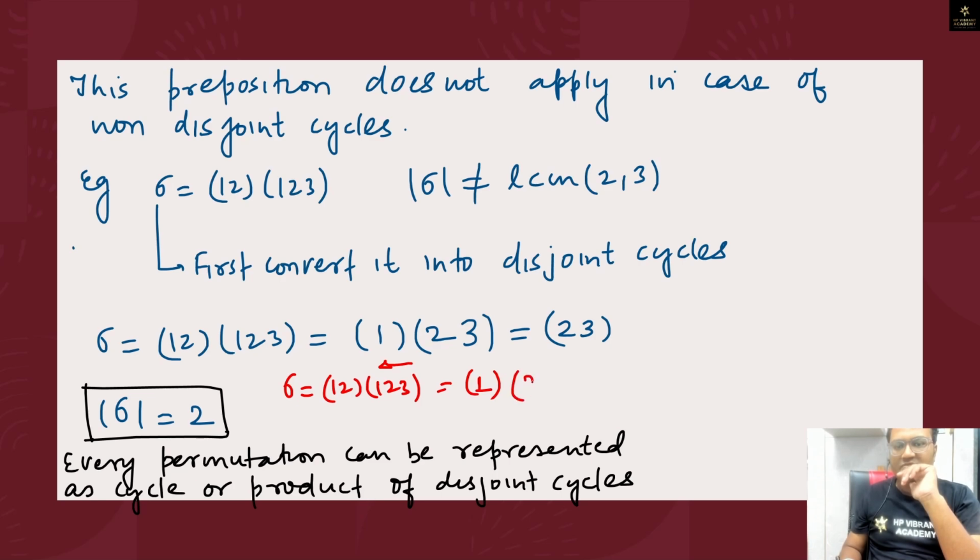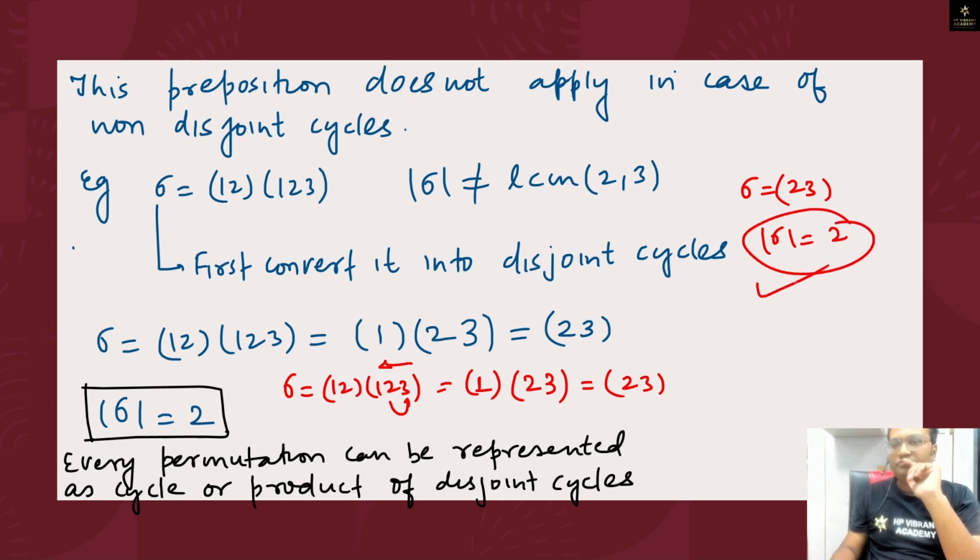Now we have the second element 2, so 2 goes to 3 and 3 goes to 3, ठीक है। तो 1, 2, 3 all elements are covered, so sigma is equal to (2 3)। तो सिग्मा का ऑर्डर 2 हो जाएगा। समझ में आ रहा है?